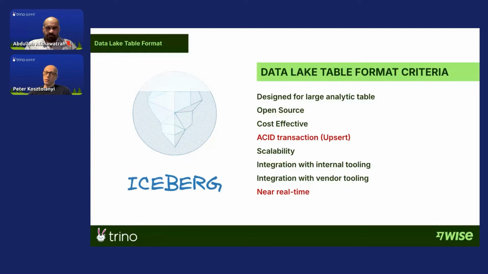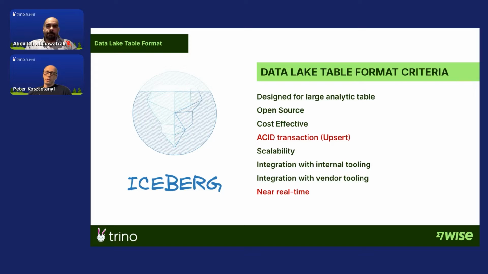We also wanted near real-time ingestion and query capabilities, which wasn't really possible with the traditional table formats. We started testing the new table formats, including Iceberg, Hudi, Delta. And after all, we decided to go with Iceberg.